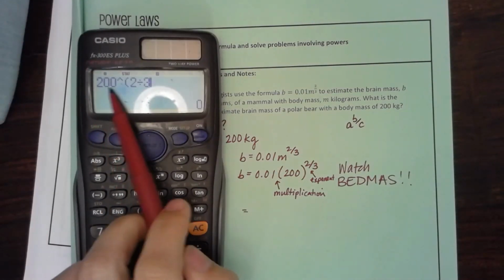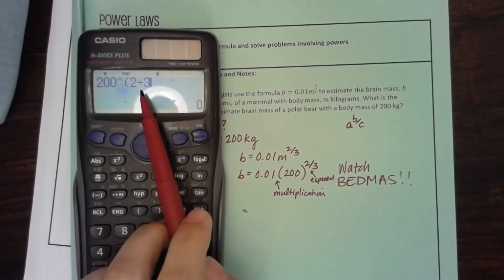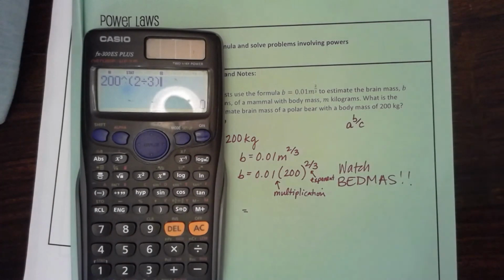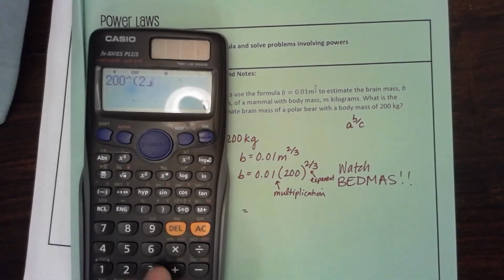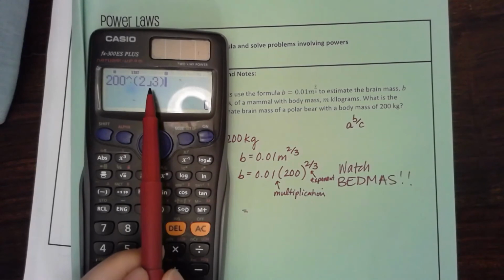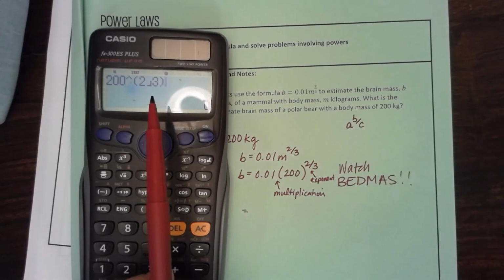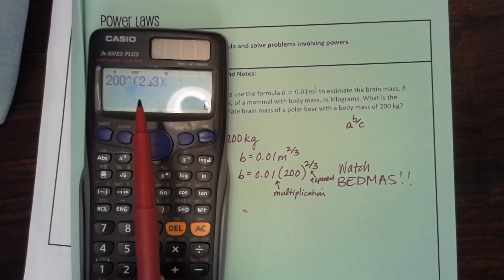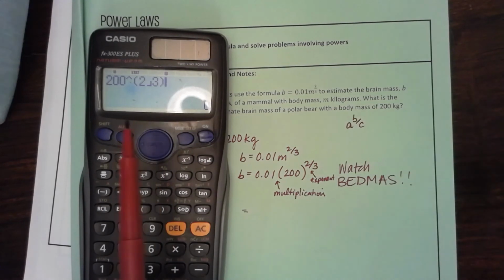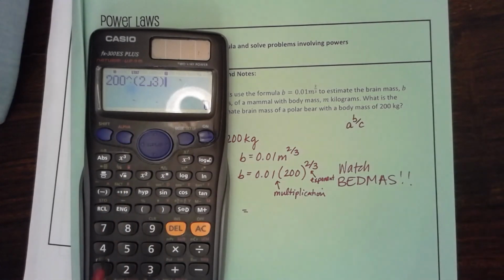So we're doing 200 to the power of 2 divided by 3, so that whole 2 divided by 3 is in our exponent. Or if I wanted to do it as a fraction, it would look like that. And that little square corner there is going to be your fraction line. So you have to figure out the symbols of your calculator.